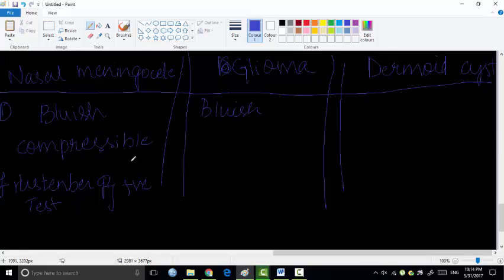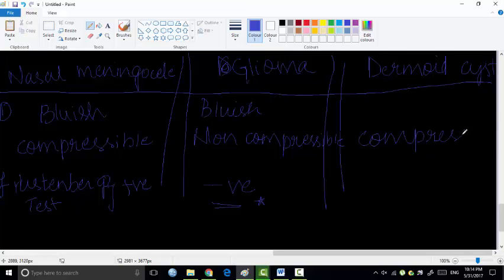And if you see the glioma, it is even bluish and it is non-compressible. There is no compressibility, and the Furstenberg test is negative. And if you see the dermoid cyst, it is a cystic swelling and it is compressible, and the Furstenberg test is negative, and even this is a fluctuating swelling, right?